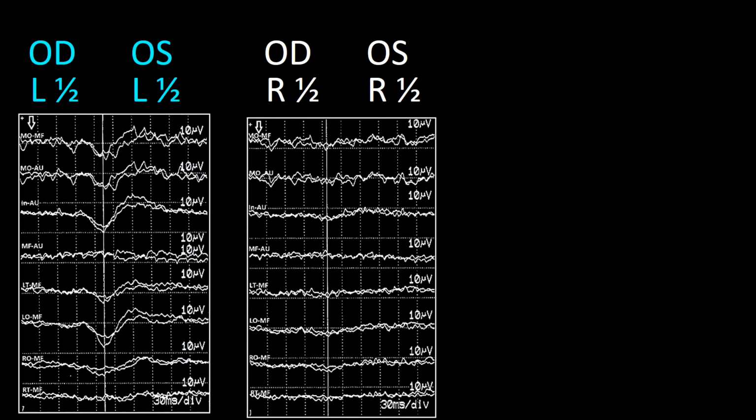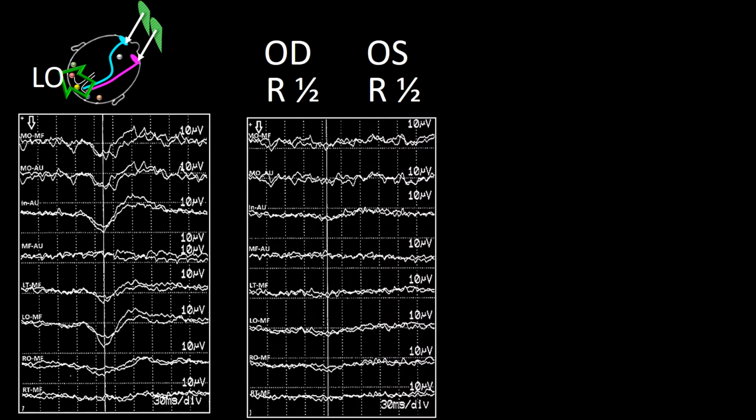Left visual field testing is captured in the first panel. This panel includes the left and the right eye. I have represented the anatomy and the physiology of such testing in the cartoon above the panel, as you can see.